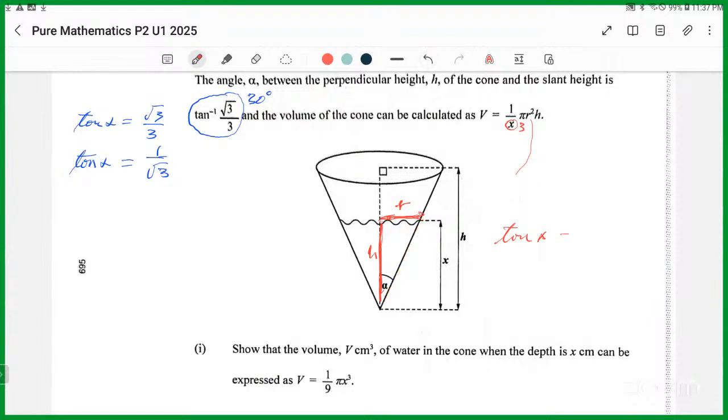So it's r over x. So when we put x up here, the r becomes x tan alpha. And tan alpha is this, simple, 1 over root 3. So r equals x over the square root of 3.